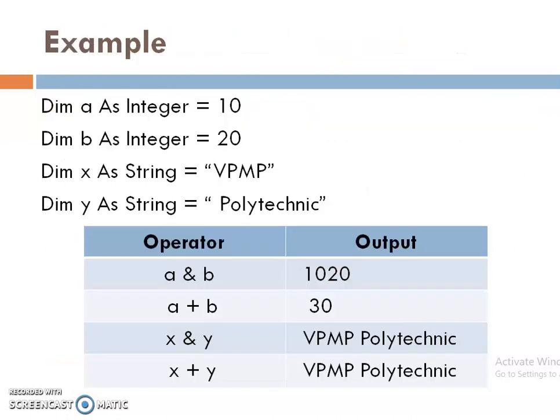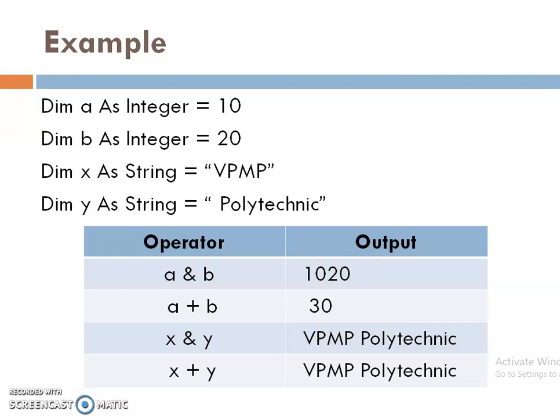Now the example of concatenation operators: we take four variables in this example. The a and b variables are of integer data type, where a value is 10 and b value is 20.